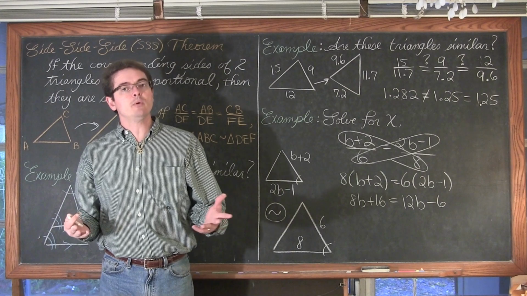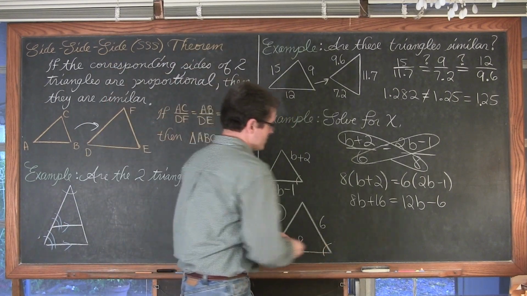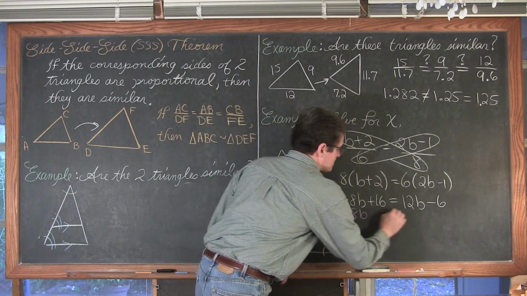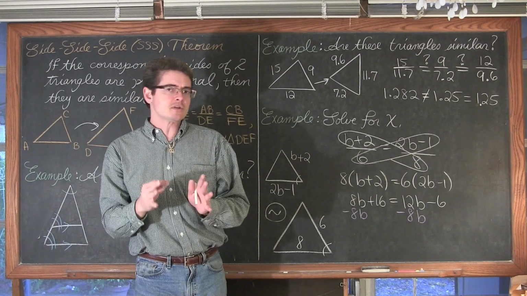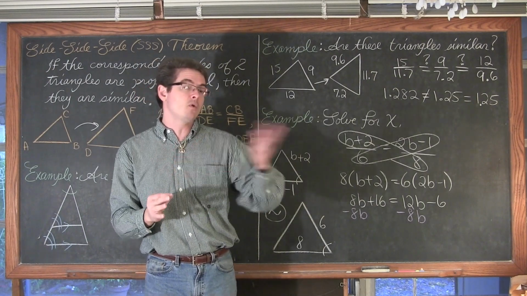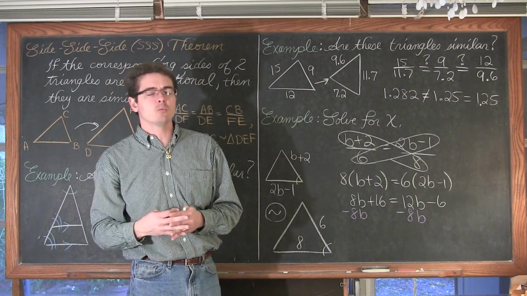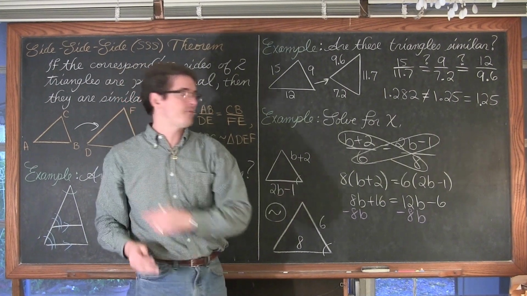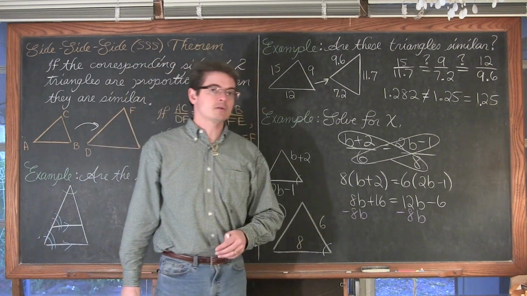You can't solve for a variable when it's on both sides of the equation, so we're going to subtract 8b from both sides. You should be able to solve equations no matter what side of the equation the variable is on. If you tend to get the answer right more often when you have the variable on the left, then maybe you'd want to subtract both sides by 12b and allow your answer to come out to be negative.